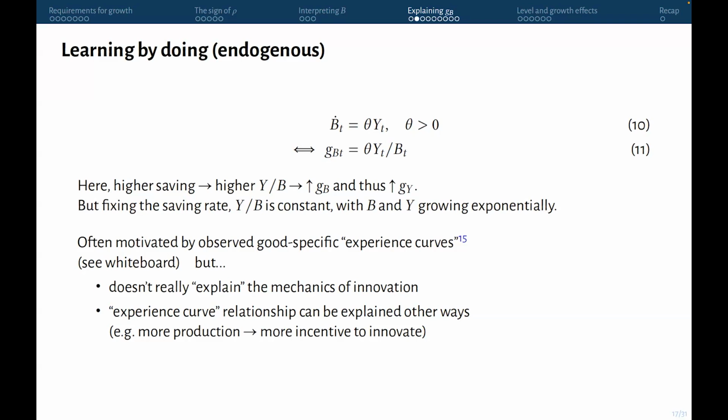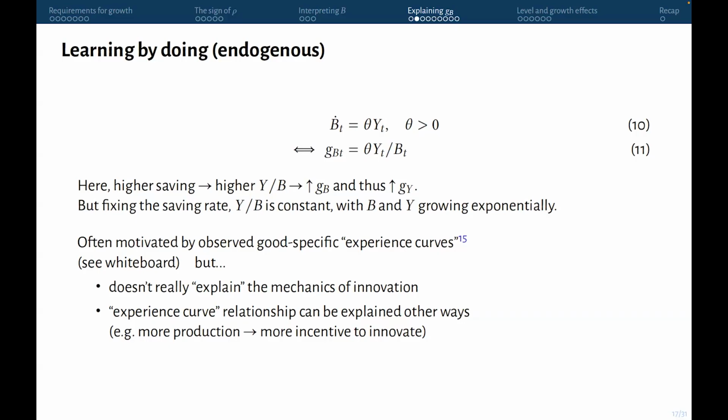Right, so as I was saying, you can write down the model and it can fit the data, but it doesn't necessarily explain the mechanics of what's going on. It's a little bit weird and suspicious on some level that by producing, you get new ideas.